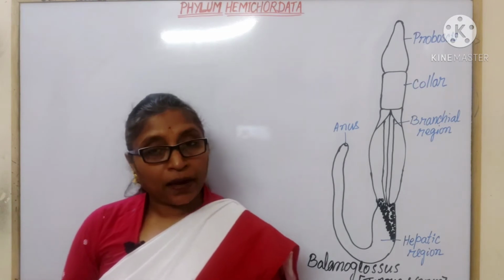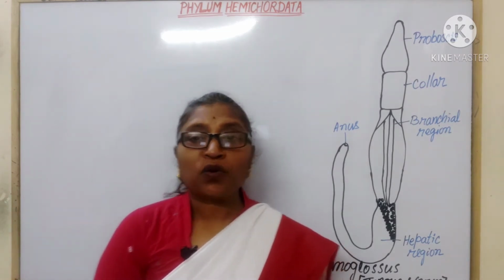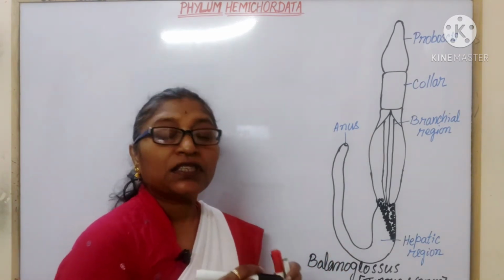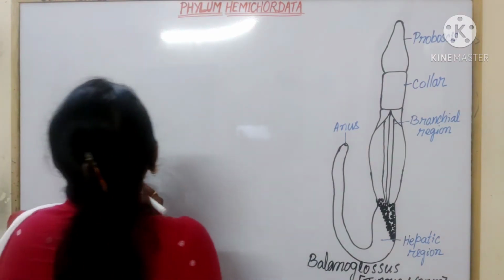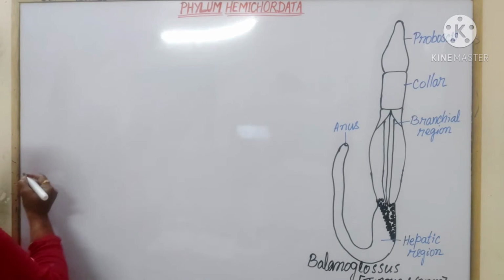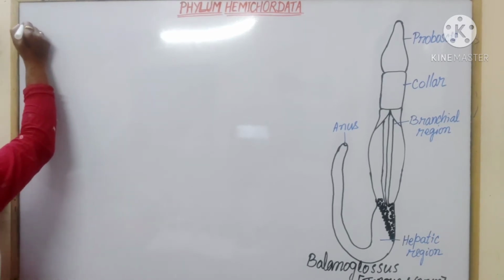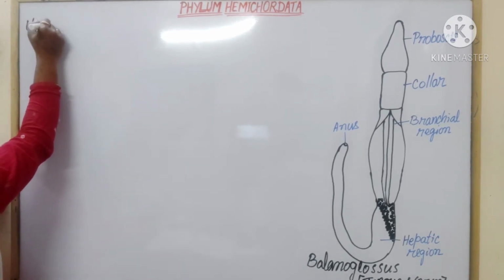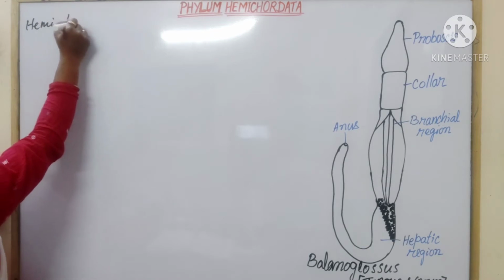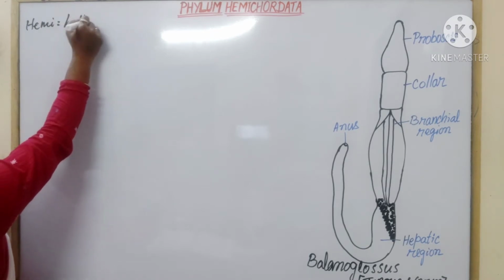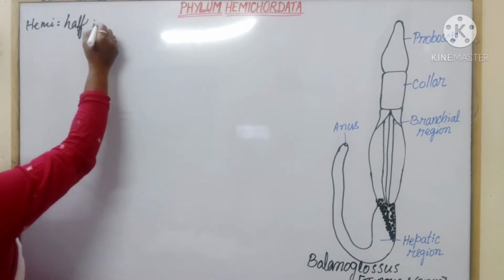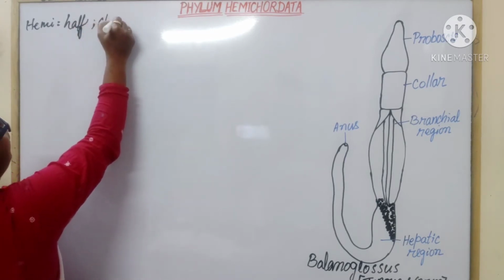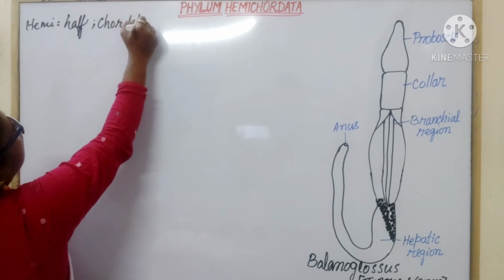Hemichordata. Hemi means half and chordata means consisting of the notochord. Hemi means half and chordata, those who have the notochord.